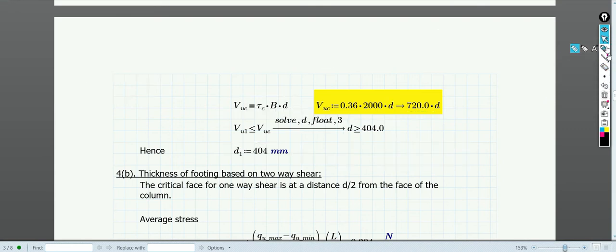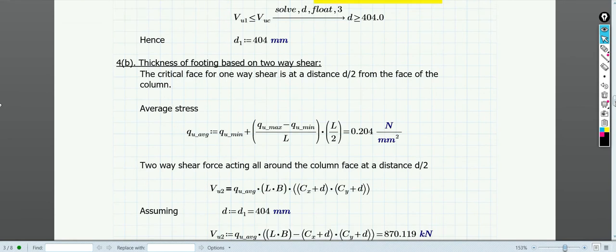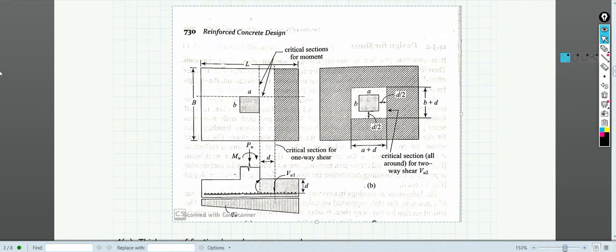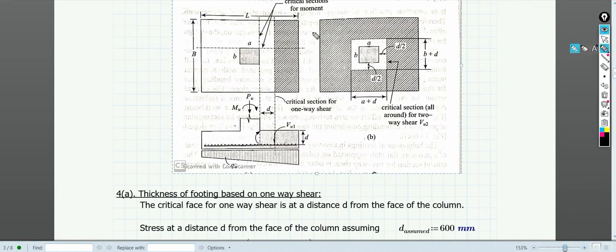Now if we go for two-way shear, the same thing we have to do, but here in this case you can see for two-way shear, this part of the footing is going downward, right?